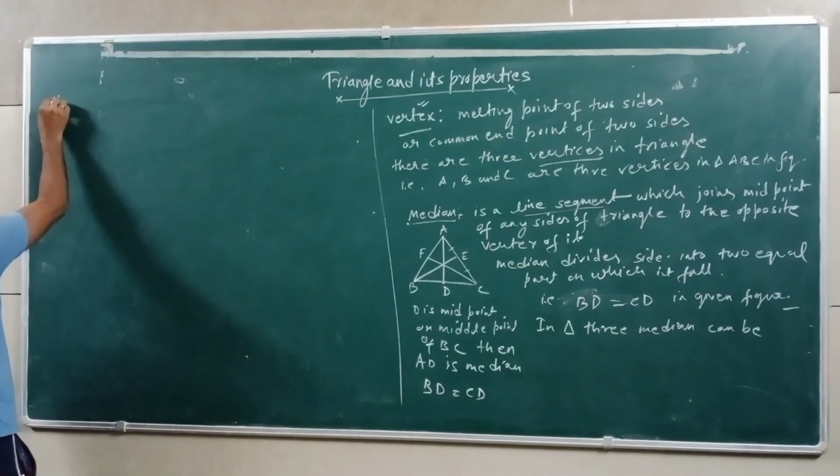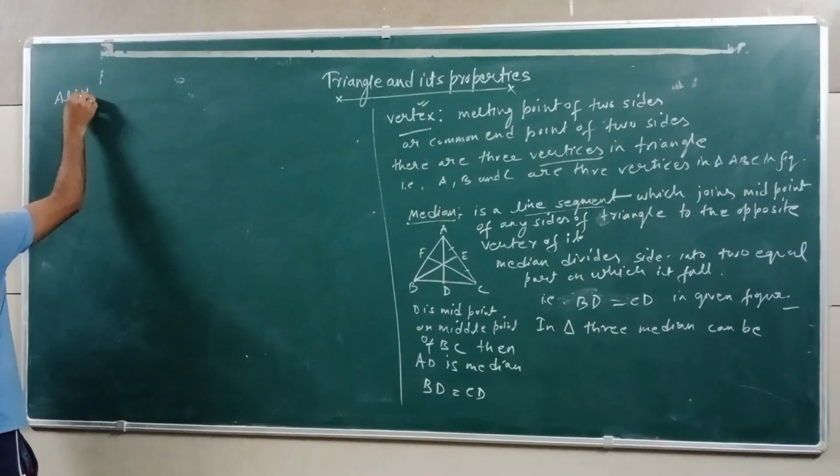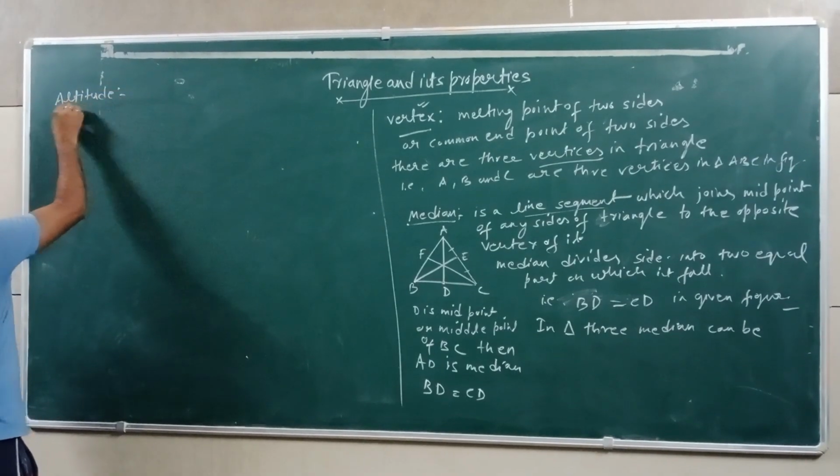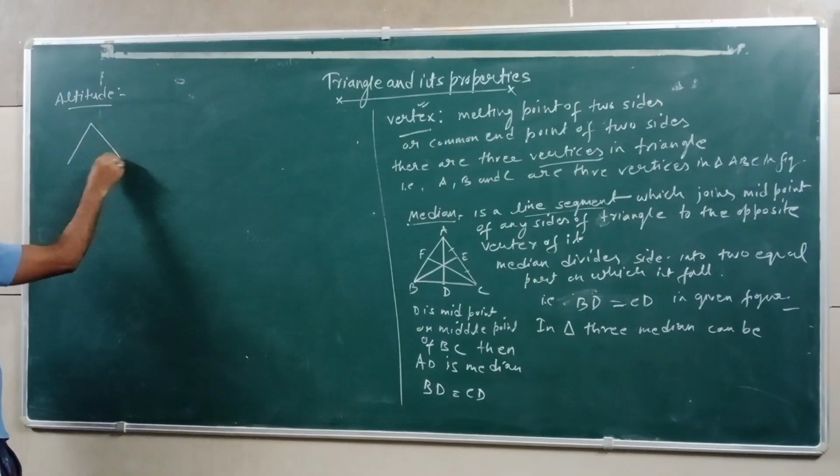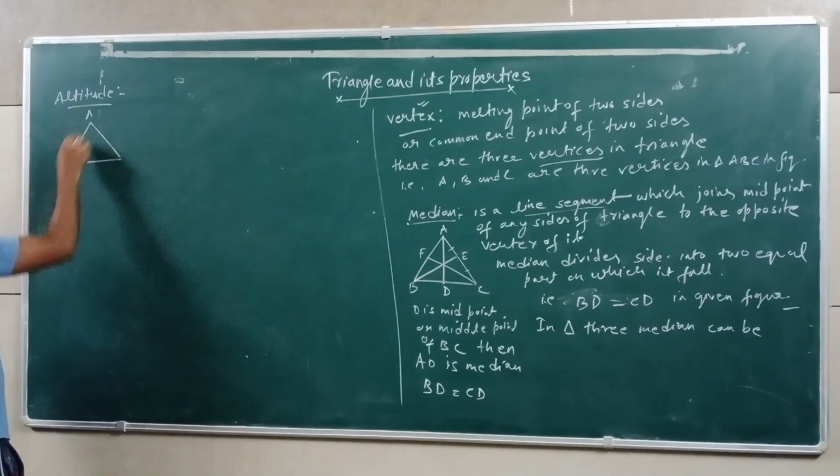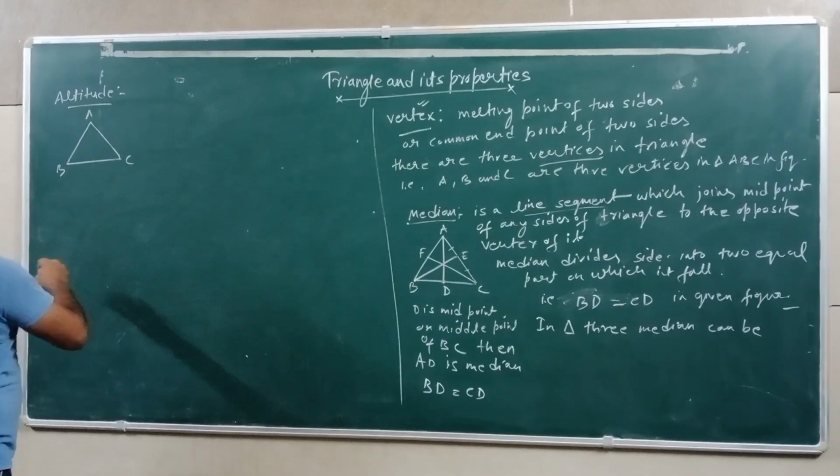Now see, what is altitude? First of all we will learn by figure. Suppose ABC is a triangle.